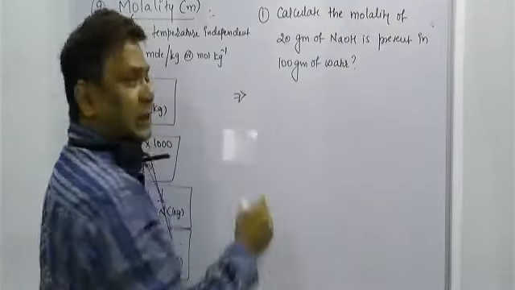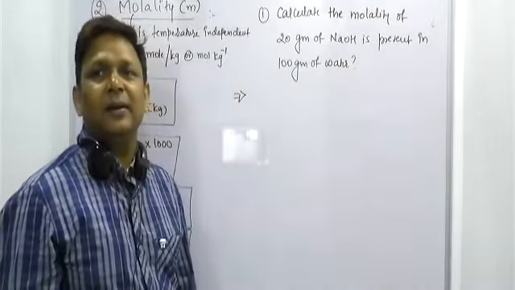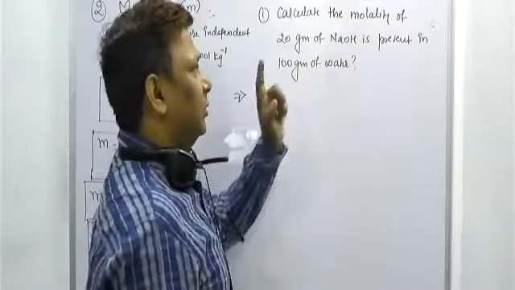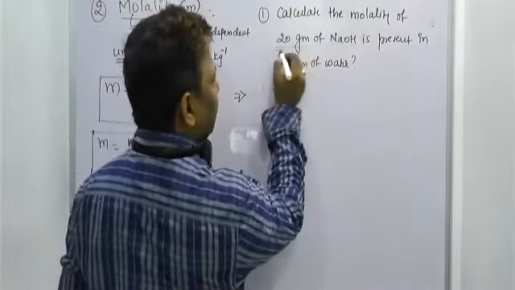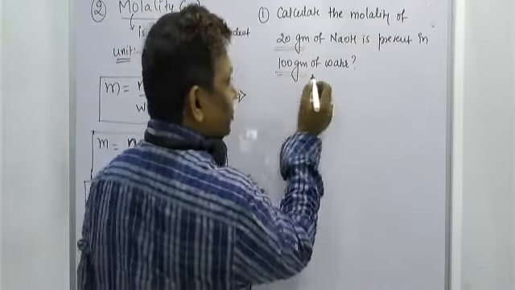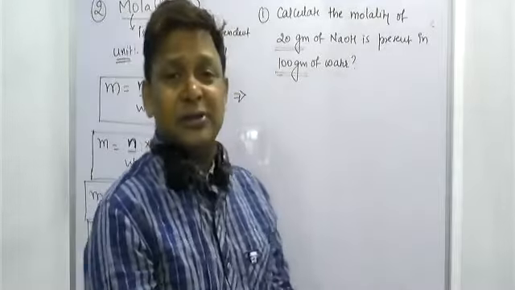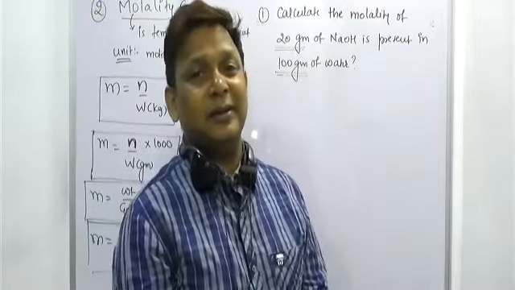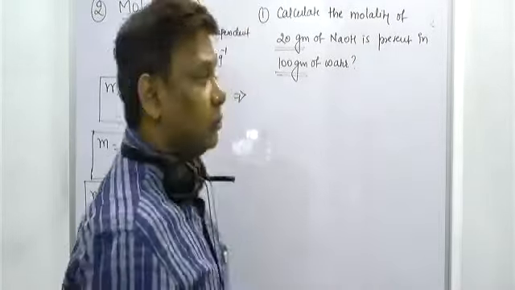See, beta, they are asking us to find the molality. Weight of solute is there. Beta, this is the weight of solvent. You know, NaOH is the solute, and water is the solvent. Solute plus solvent together make the solution.